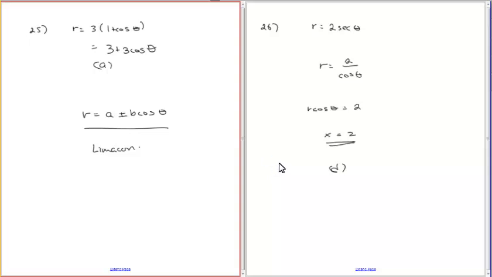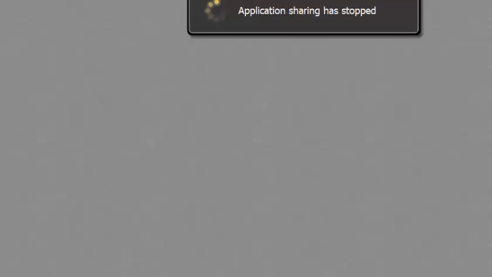Okay, then we can plot those graphically. Let's go ahead and do it. Bear with me while I get the graphing program started. I'm going to use the newer graphing program. So let me stop sharing that, start sharing the graphing program.